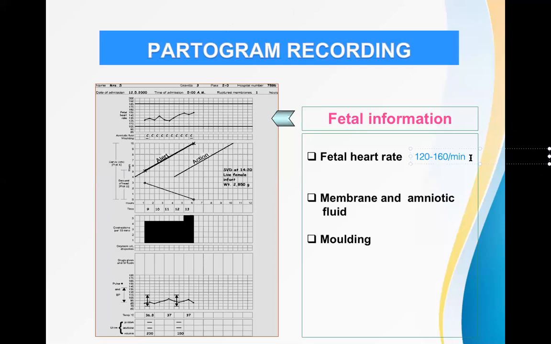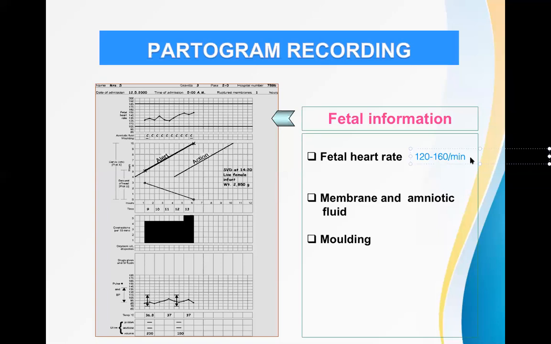This is the normal fetal heart rate. Now, if you find a fetal heart rate more than 180 on the upper side and less than 100 on the lower side, this is known as fetal distress. So more than 180 and less than 100 is definitely abnormal.